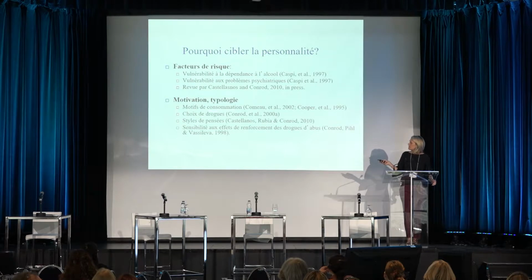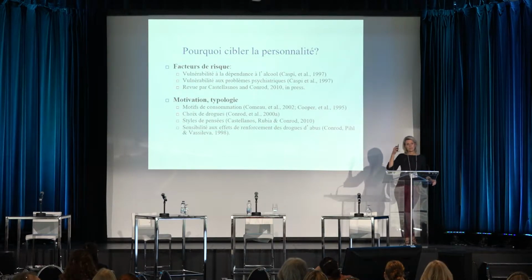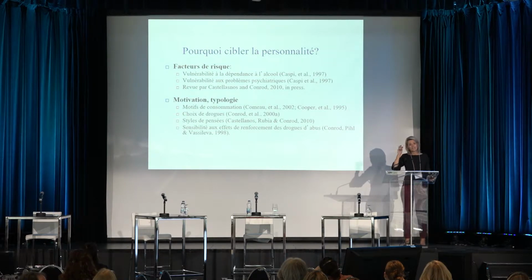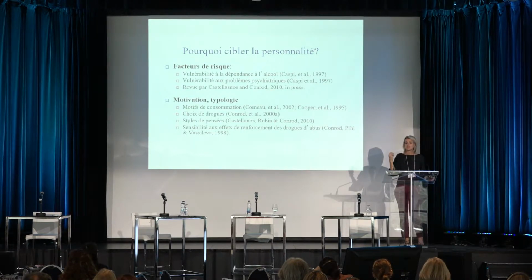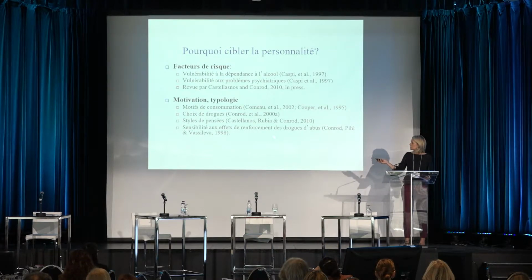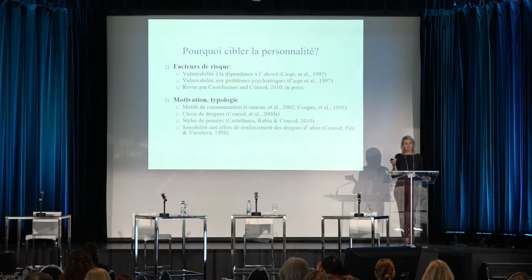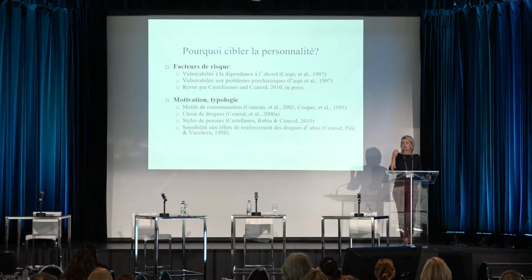It's very difficult for me to explain the whole of this research because we don't have time, but in many studies we have demonstrated that these profiles are related also to different learning styles and different ways of reacting. So a person, for example, who is at risk for anxiety, when they consume alcohol, well, alcohol acts more as a negative reinforcing agent.